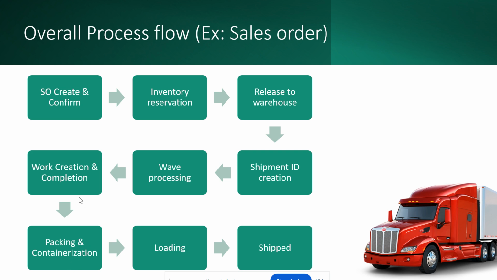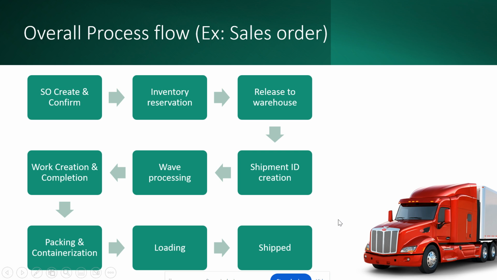But in today's episode, primarily, if the packing and containerization are already done, how do we go about loading the truck? Because the load is basically the physical container which is going to ship your goods out of your premises, or receive the goods into your premises. That is what load is all about. And then finally the material is shipped and the sales order is closed. So this basically forms a cycle of processes, right?